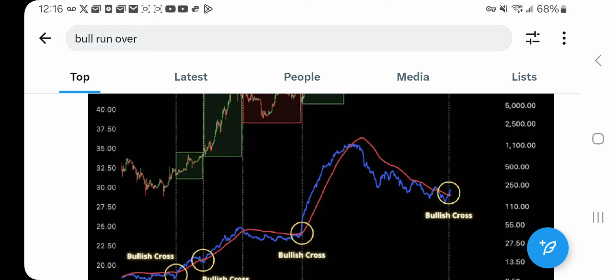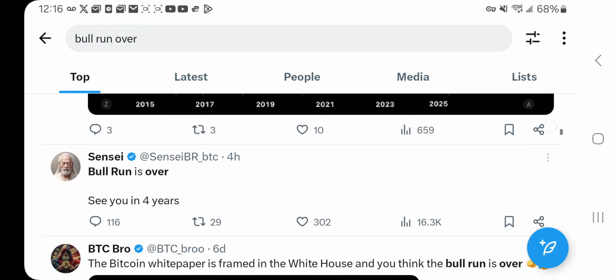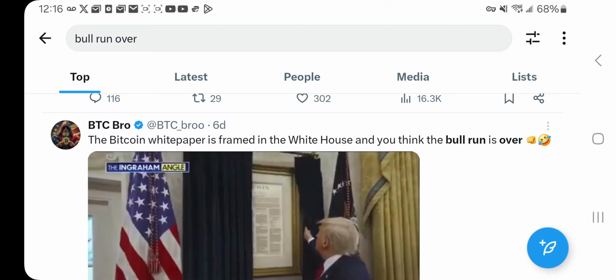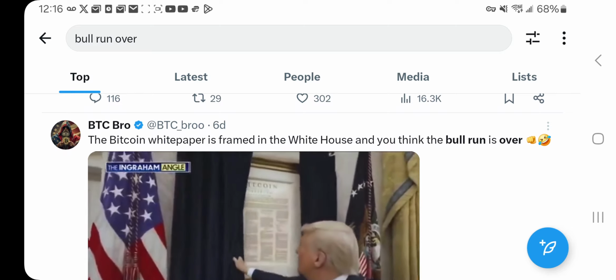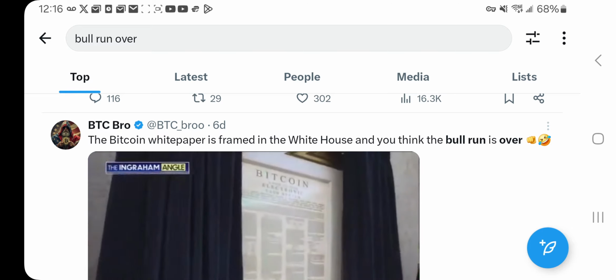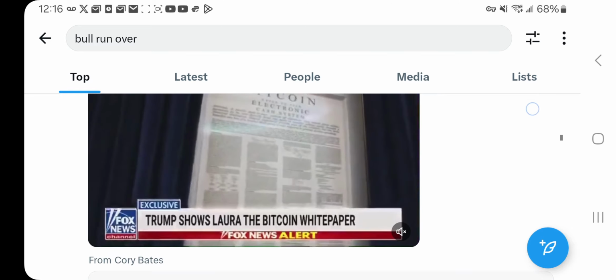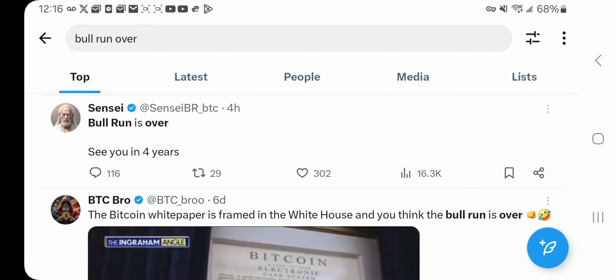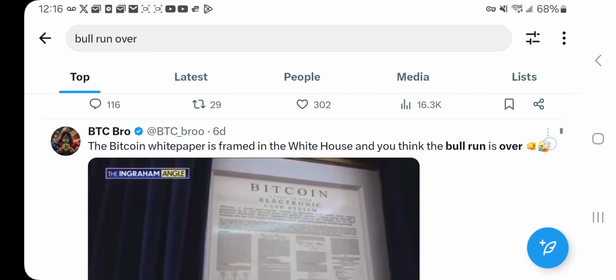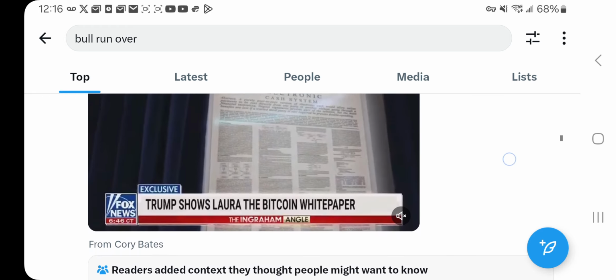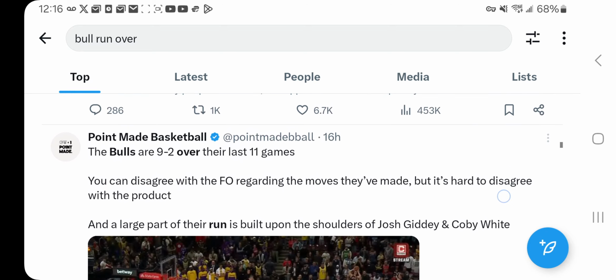And so why would you sell your crypto at the worst possible time as we're getting ready to transition?